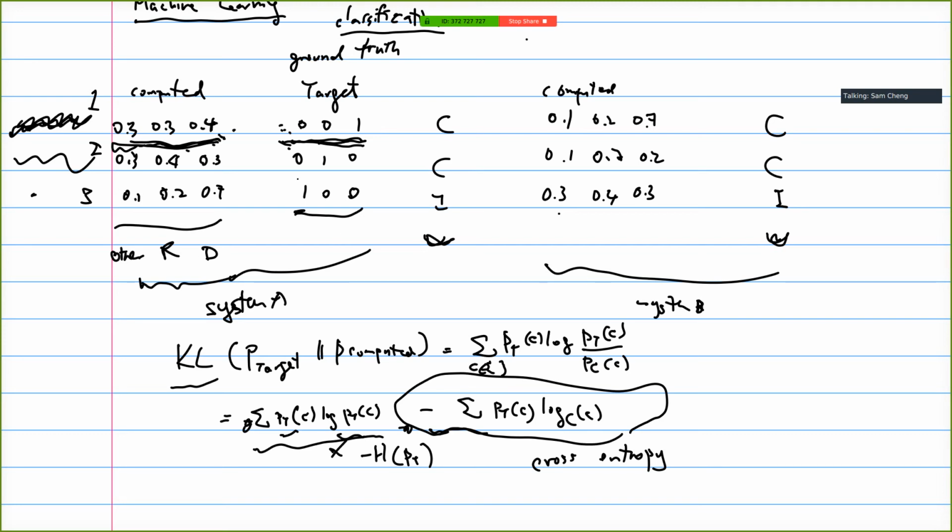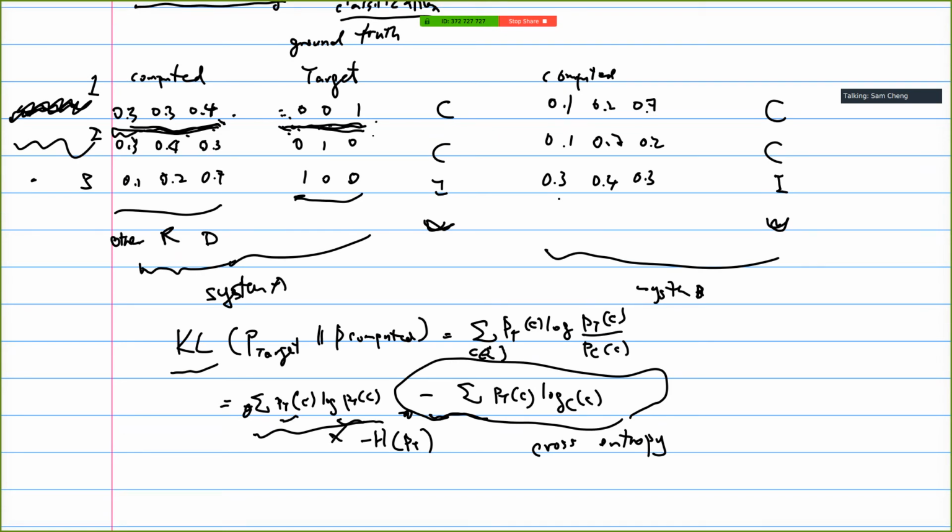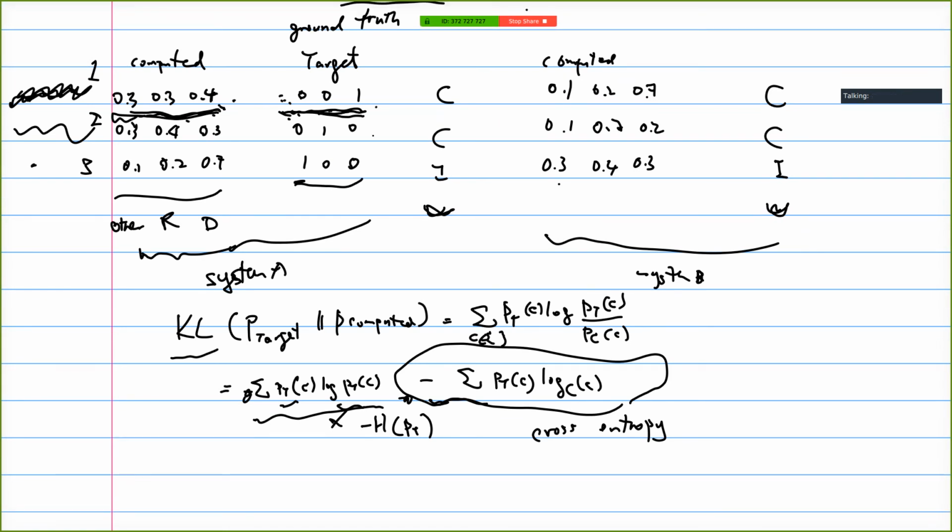So let's say the first guy is a Democrat, then the distribution will be just 001. So the probability of the target is 001.